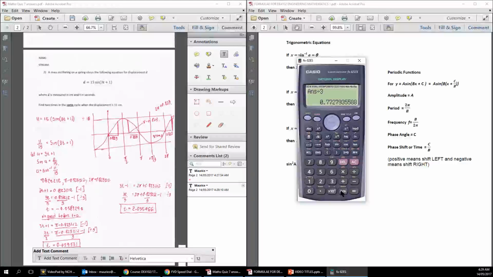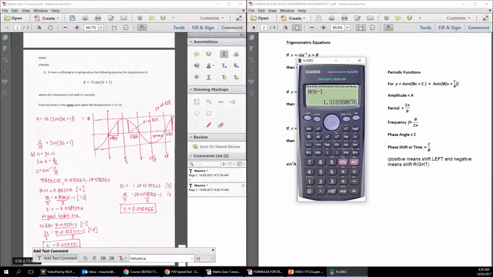Oops, that didn't work. Okay, let's try again. Let's go recall, shift pi, minus, recall A equals, oh, sorry, and minus another 1, minus 1 equals, that's where I went wrong.